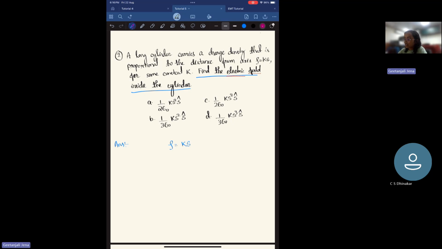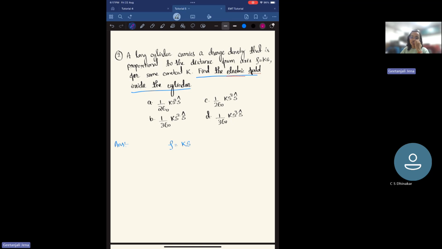For this, we can use Gauss law because it's easy to find the electric field expression inside, outside, or at the surface of the cylinder. But please remember, Gauss law is always valid, no doubt, but to find the electric field using Gauss law, you need to check whether the system has a symmetry or not. Only when the system has symmetry can you take the electric field out of the integral.